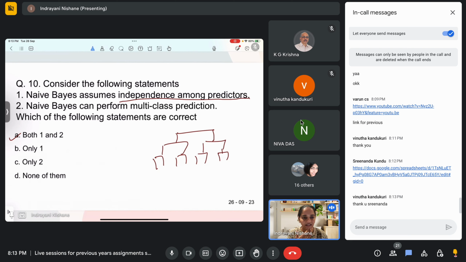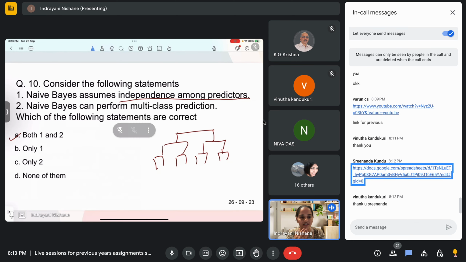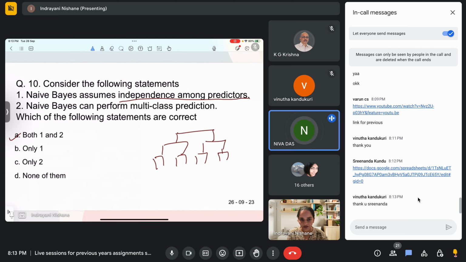Shrinanda has shared the link to, I think, the Google Sheet, where I update every week. This Google Sheet has links to the PDFs which I use during our discussions, the annotated PDFs.